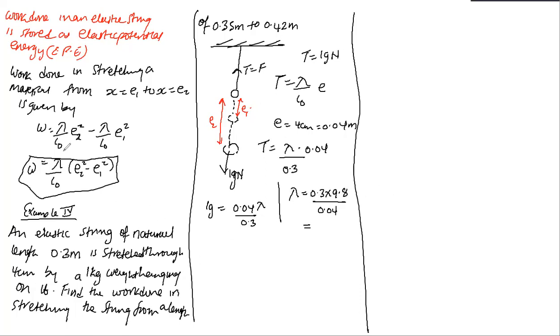Hey, I forgot something on the work done here. There was a 2 down. So what is the value of lambda? In actual sense, this is the same as 3 times 98 over 4.